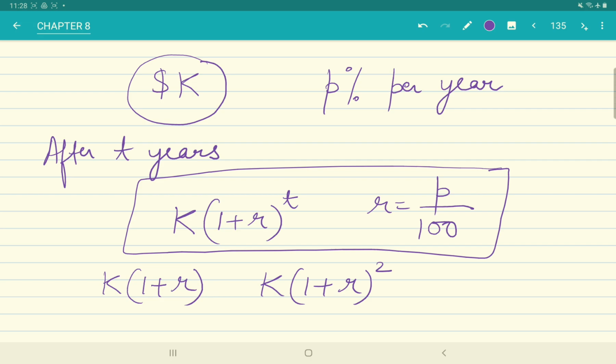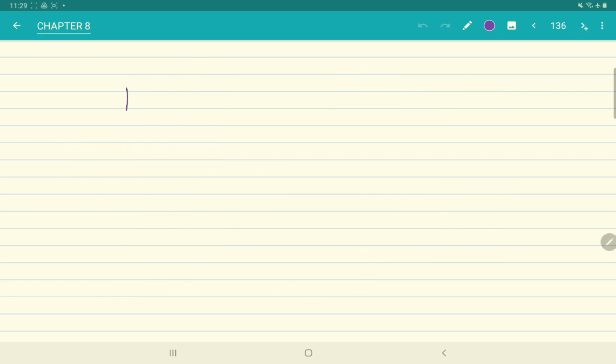That means after half a year, or after 6 months, my principal would have increased to k plus k multiplied by p by 2 by 100, because the interest rate is now p by 2% and I am adding interest at the end of 6 months.